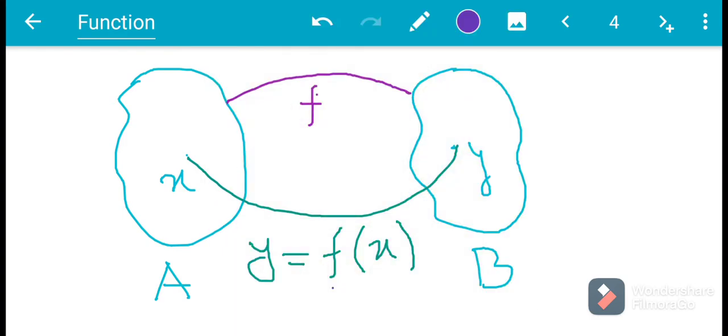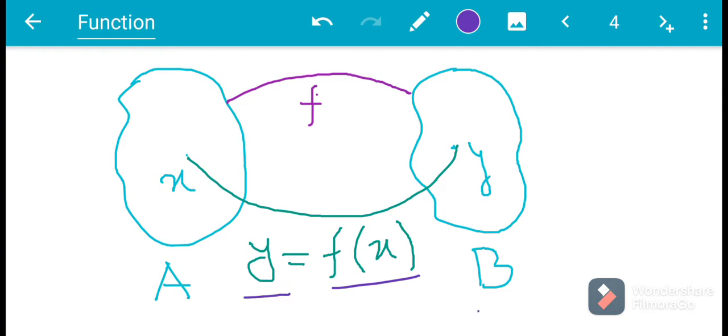As x is connected to y by the rule f, it means the result of x with respect to the rule f is equal to y.